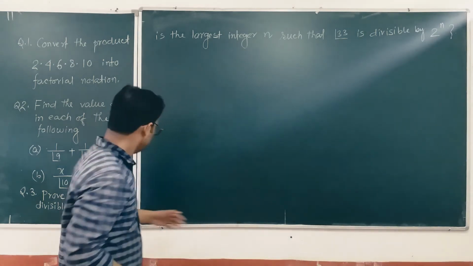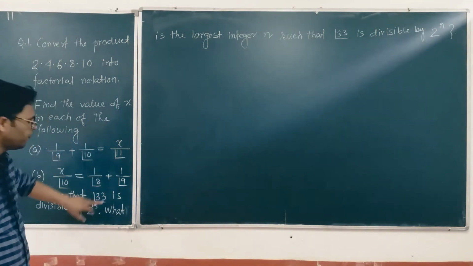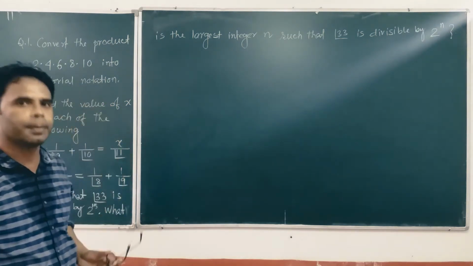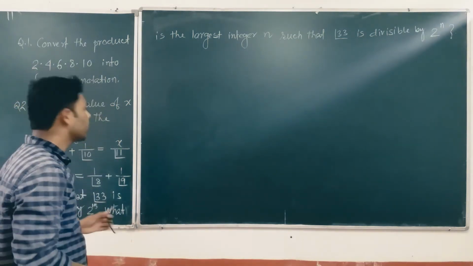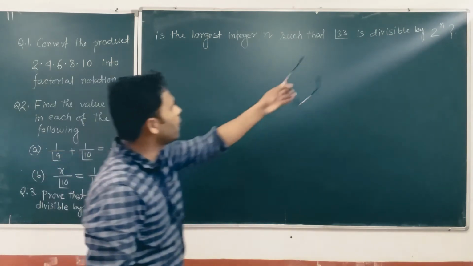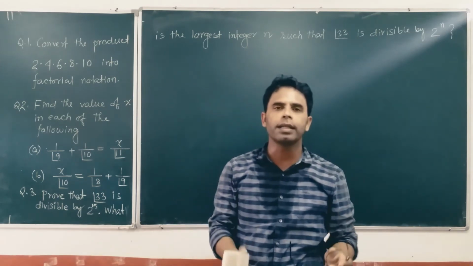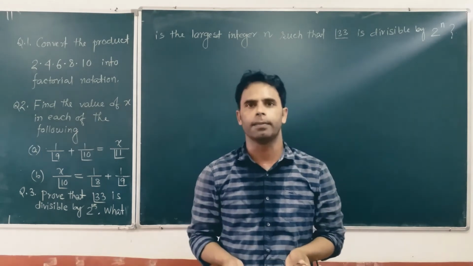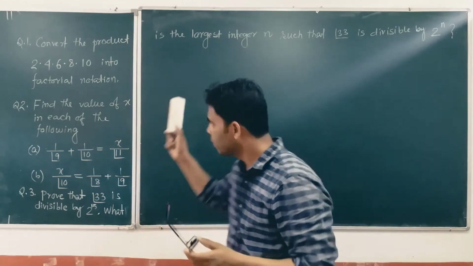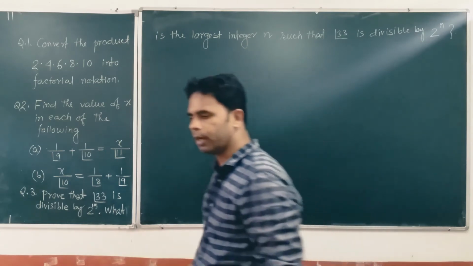First we have to prove that factorial 33 is divisible by 2 to the power 15, and secondly, if 2 to the power n divides factorial 33, then what is the maximum value of n? These are the questions I have taken here. So first let me solve the first question.